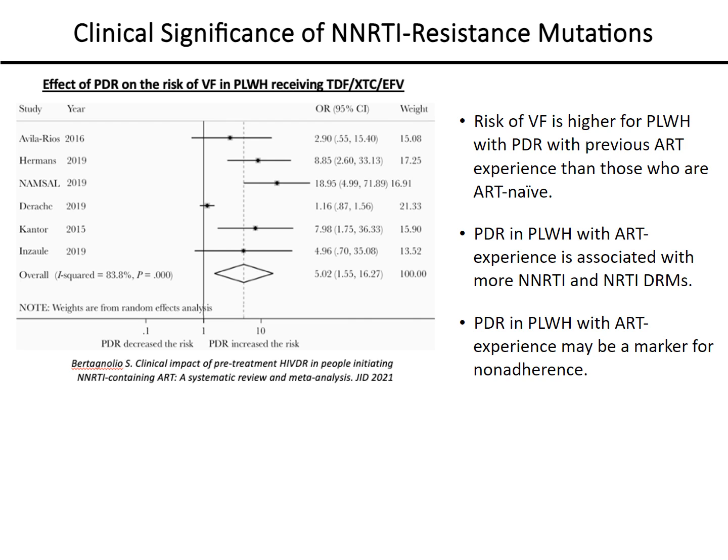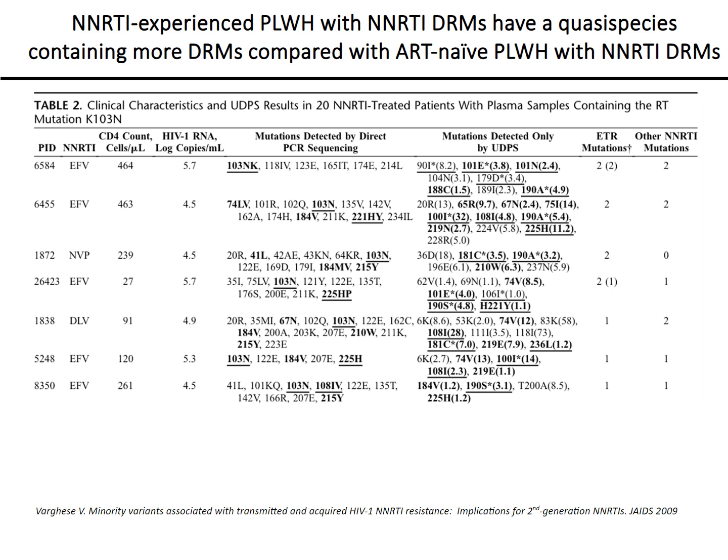This was in part because those reinitiating therapy were more likely to have had NRTI as well as NNRTI associated mutations, and because pretreatment drug resistance in patients with ART experience may be a marker for non-adherence.